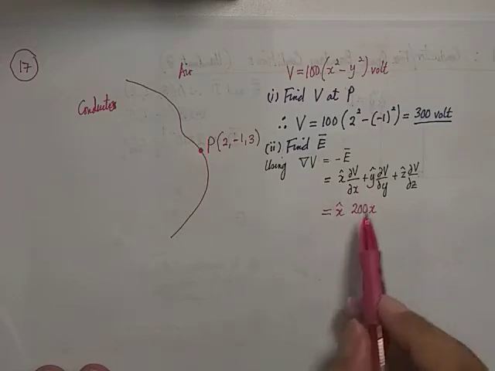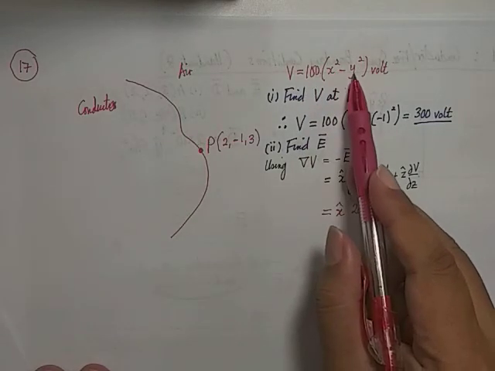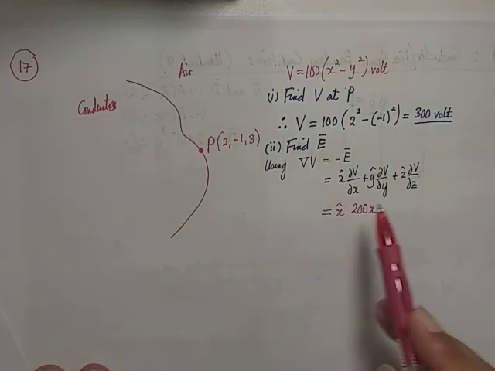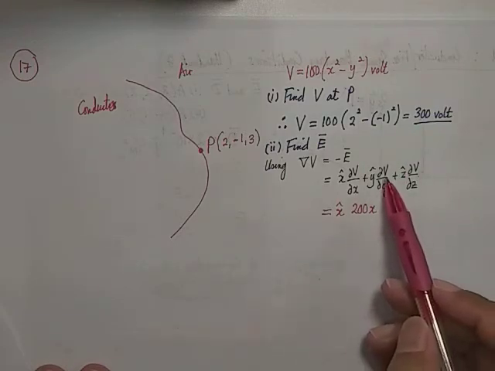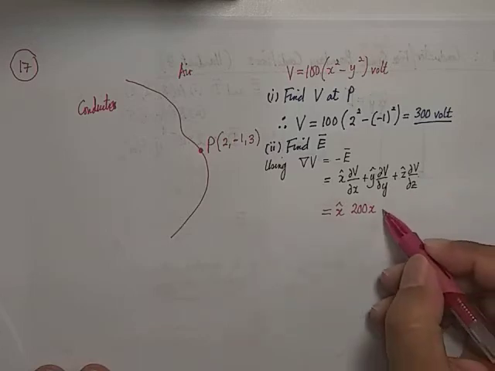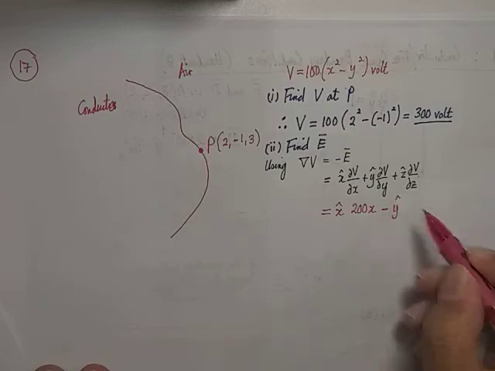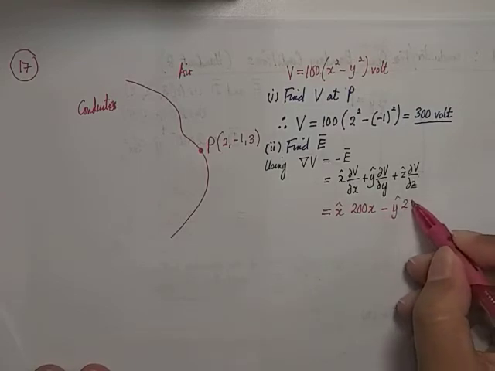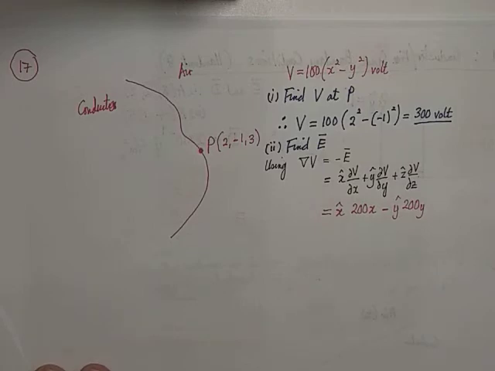When differentiating, the y part becomes 0 because y behaves as a constant in this term. Then we continue with the second substitution of V, which is going to be minus 200y in the y direction. That should be the general equation after differentiation.